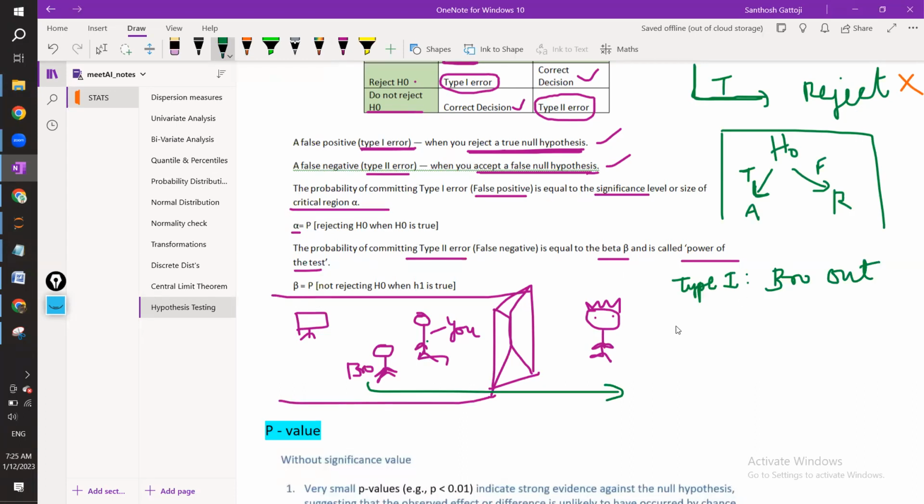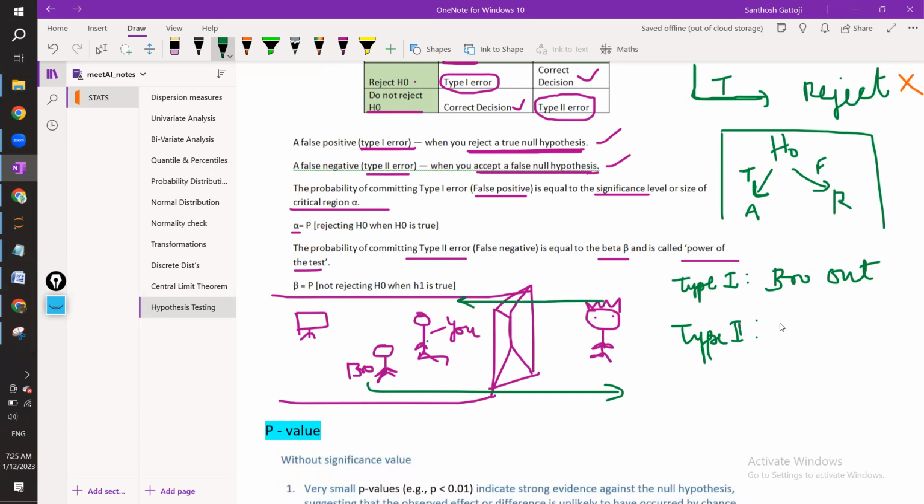Getting it, guys? Type 2 is when you are accepting a false null hypothesis. That means you are accepting some stranger you don't know. You don't know this guy, but you are accepting a stranger inside your house.